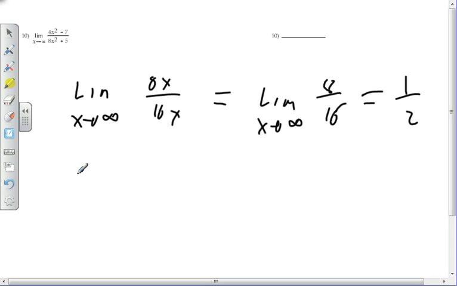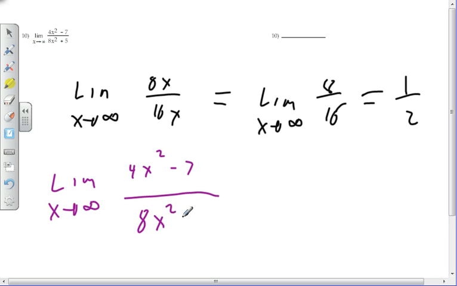And if I wasn't doing that, I would say this is the limit as x goes to infinity of 4x squared minus 7 divided by 8x squared plus 5. Then I'd multiply top and bottom by 1 over x squared, because that's just 1.